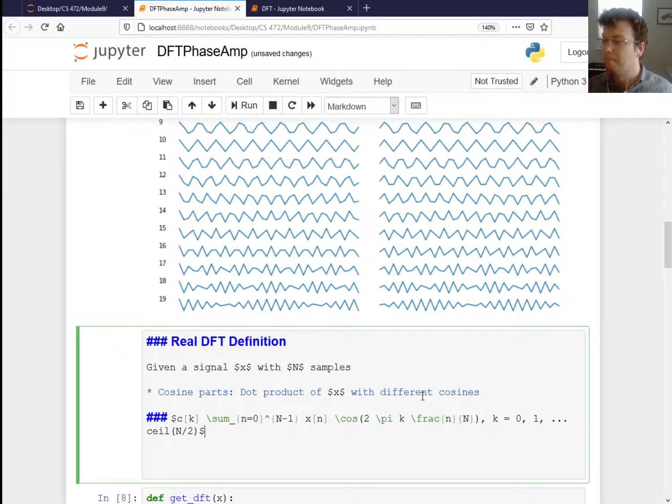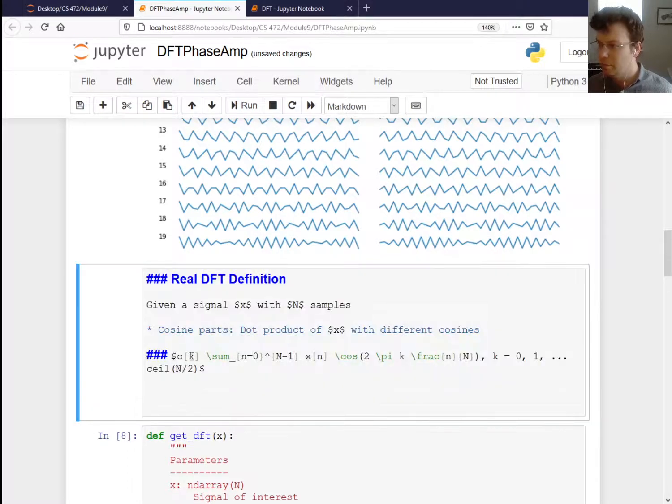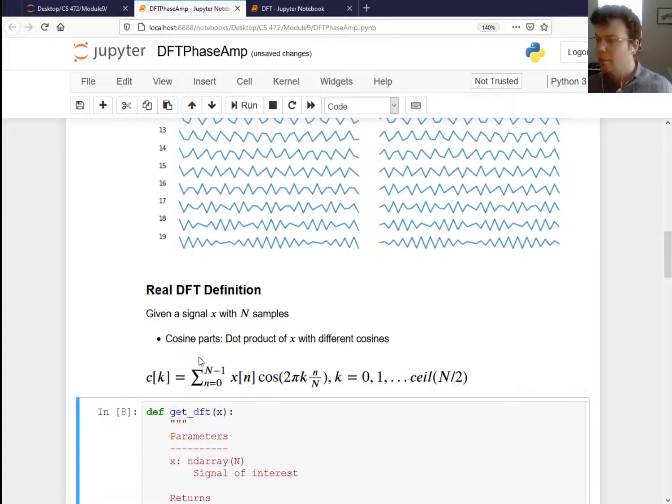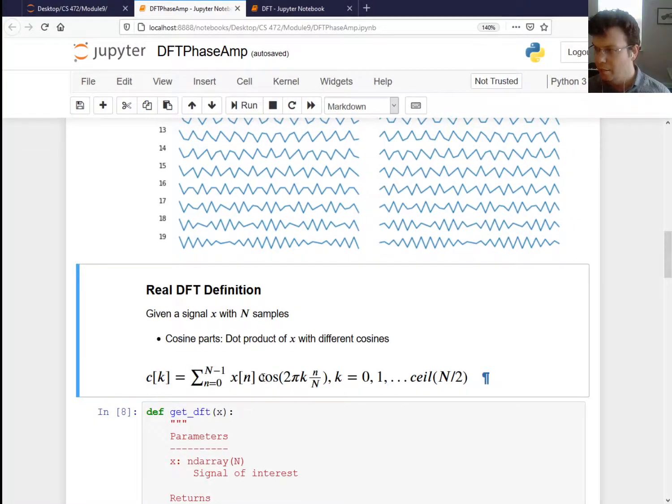Okay. So let's look at this. So here's our formula. Need my equal sign there. So this is just a dot product. I have my array x, and then I make another array, which is the samples of my cosine. I take n such samples. If my frequency is k, this will go through k cycles over an interval from n equals 0 to n minus 1.